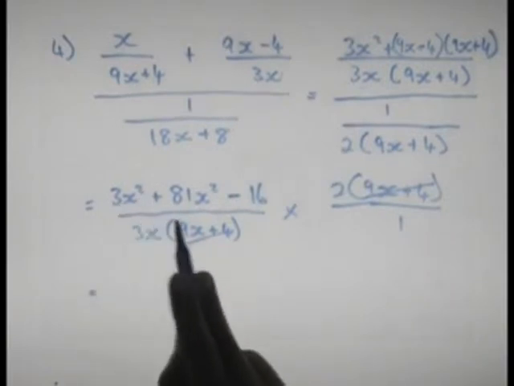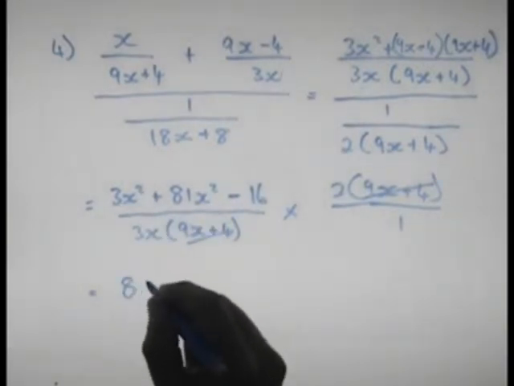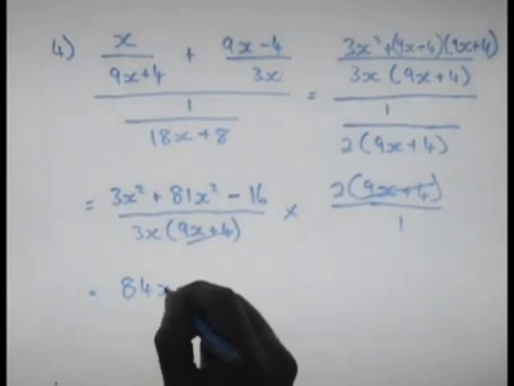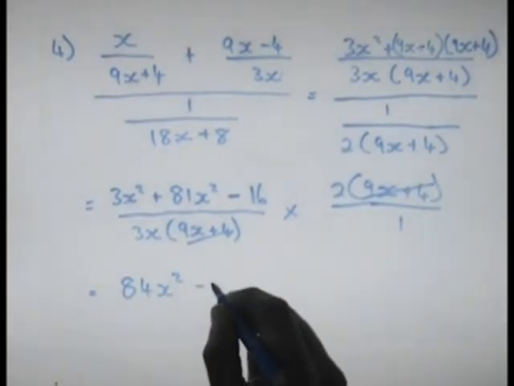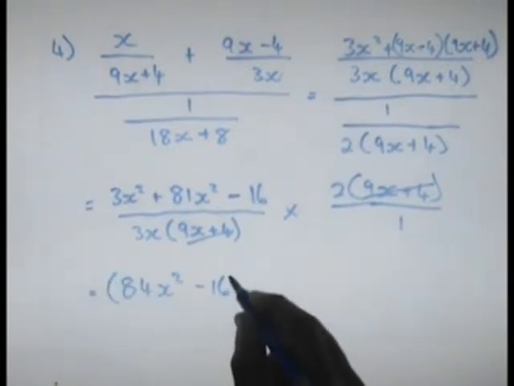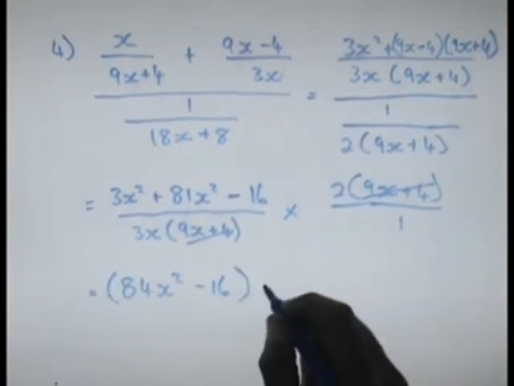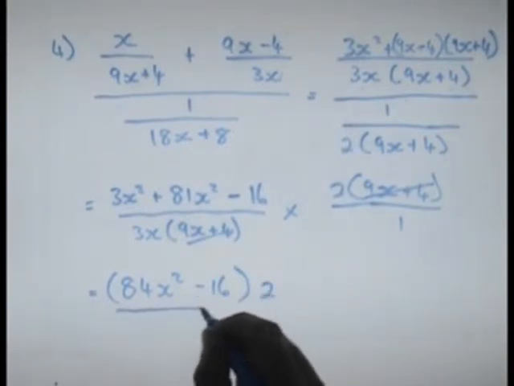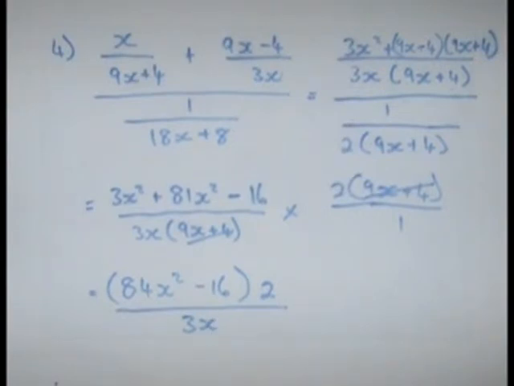Now 3x squared plus 81x squared is 84x squared minus 16, multiplied by 2, divided by 3x. This is the simplest form we can get it to, and so it's sufficient to leave it here.